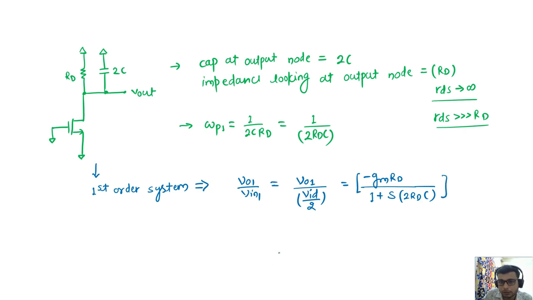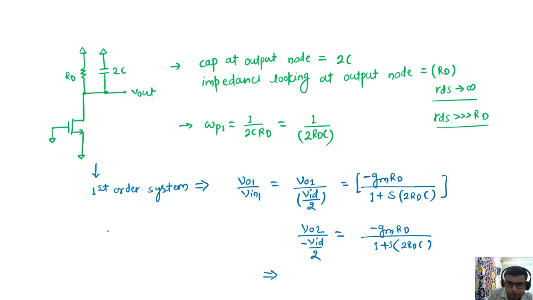So what we can find for V out 2 by minus VID by 2, it is what? It is minus GMRD by 1 plus S 2RDC. Same thing. So I can find from the one side only, but I am writing just to represent.